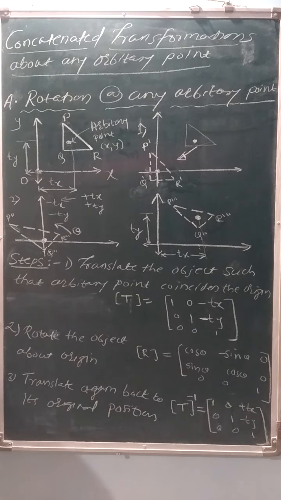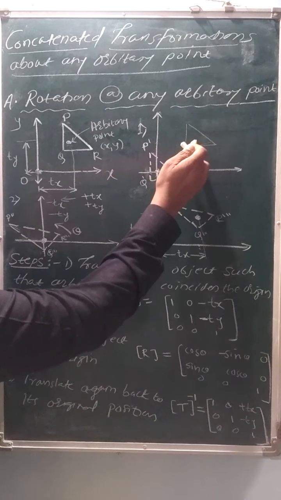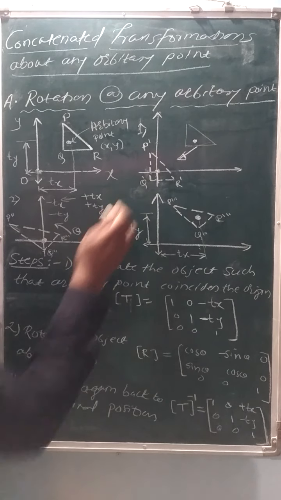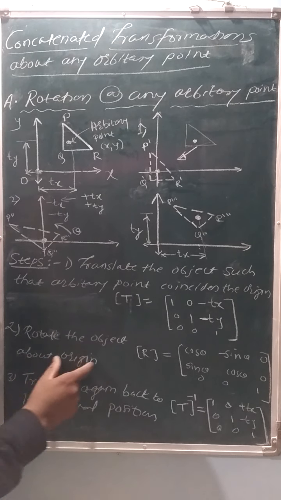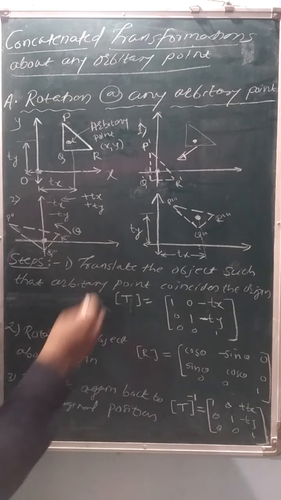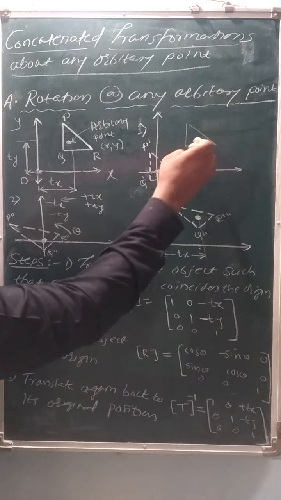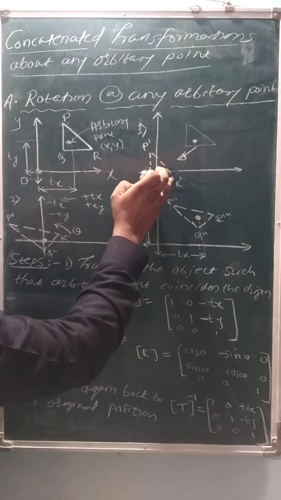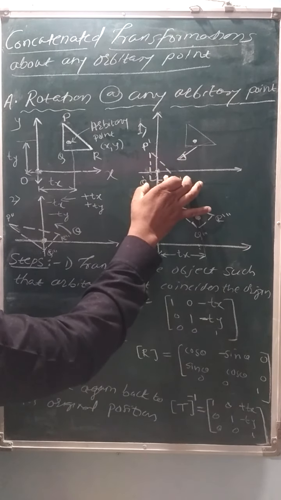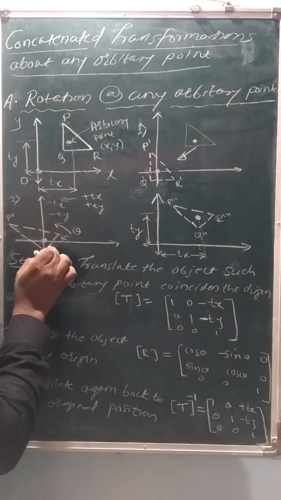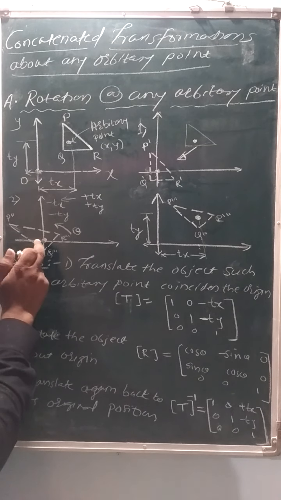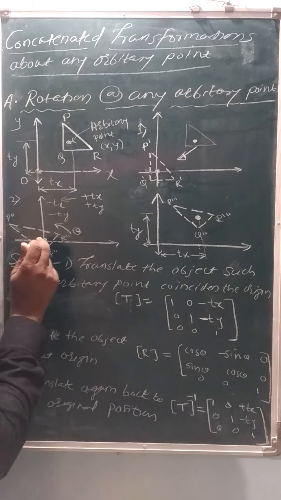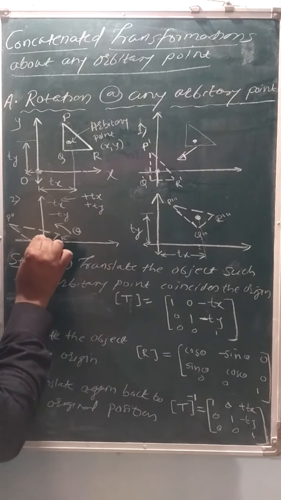Now, after coinciding the arbitrary point with the origin, the next step is to rotate the object about the origin. See here, we have translated or shifted the arbitrary point to the origin, the first step. Second step, about this origin, the arbitrary point and origin both are coinciding at the origin only.